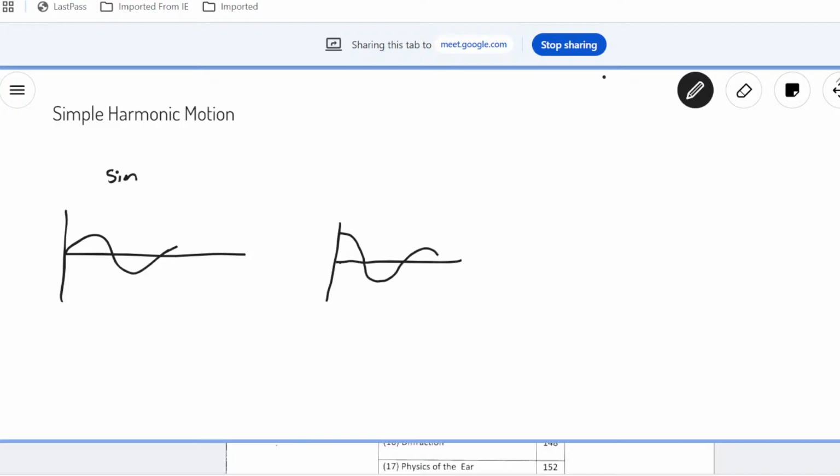All right, so you have to look at those.